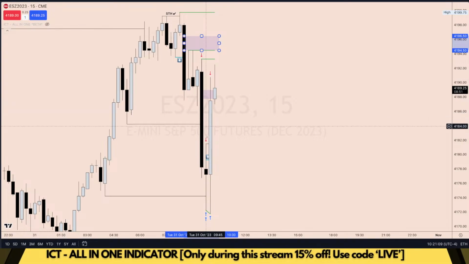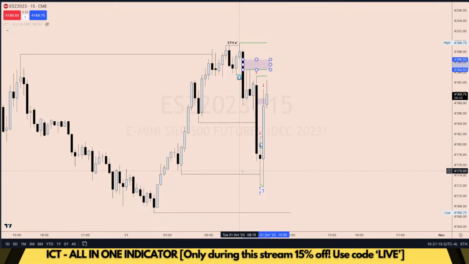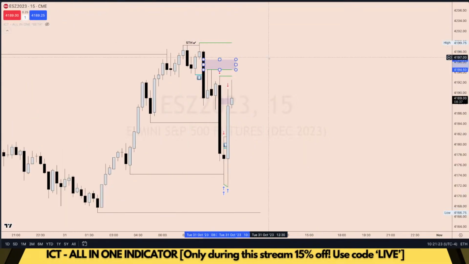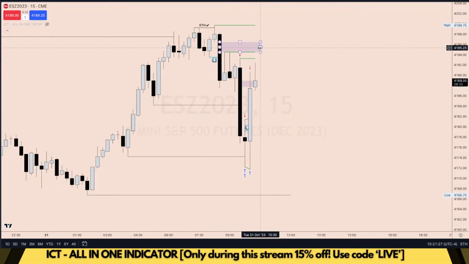We already close above this 15-minute bearish. Repriced below sell side liquidity and a discount. This being our Judah swing. NQ still looking strong. 15-minute bearish.